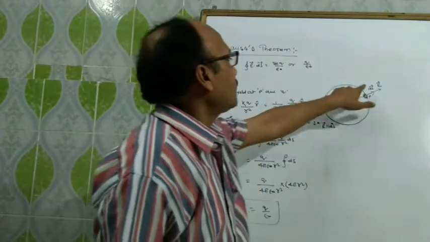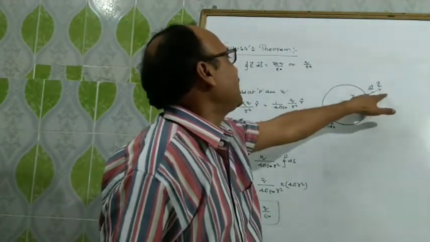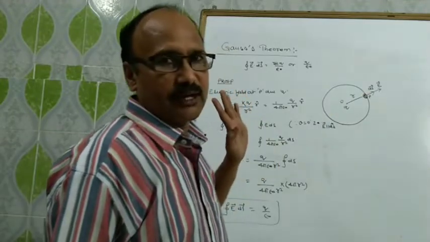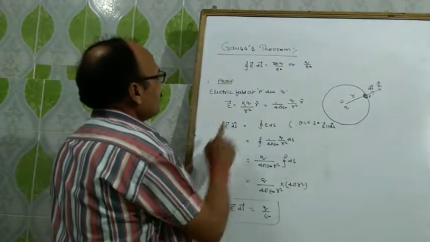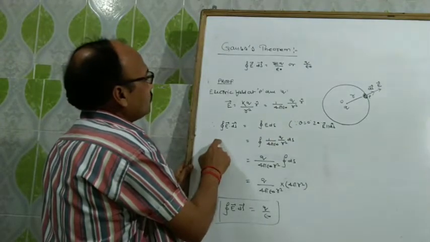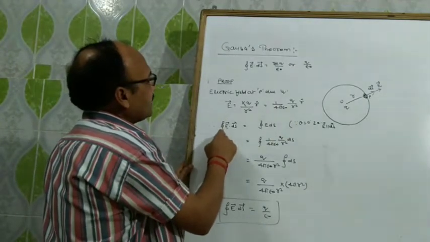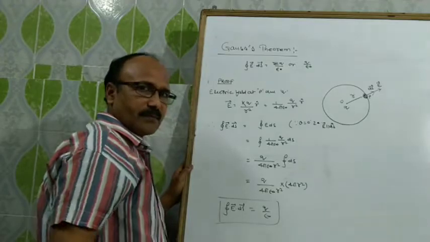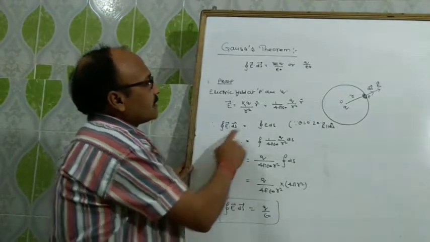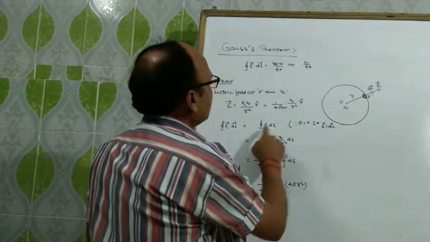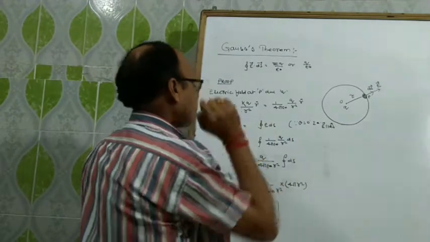So here the angle between E and ds will be 0 degree. Both are in the same direction. So we have to find out closed surface integration E dot ds. This is the dot product of E and ds. Theta is 0 degree, so this will be equal to E ds.